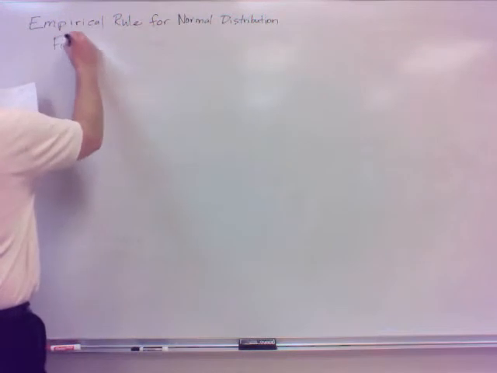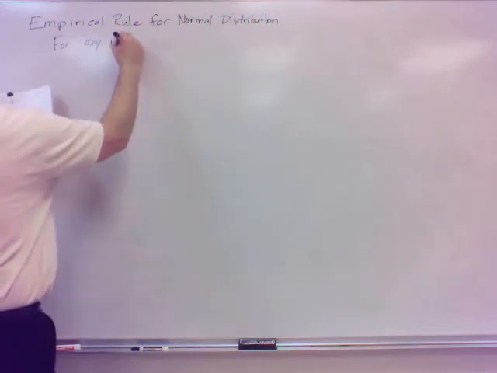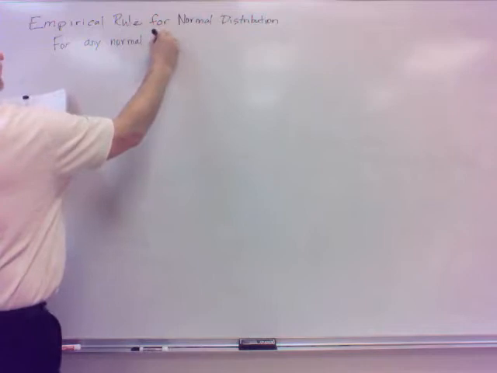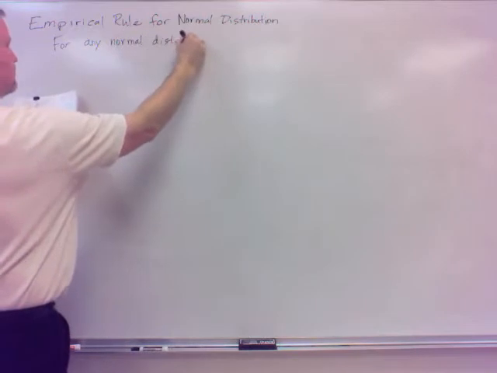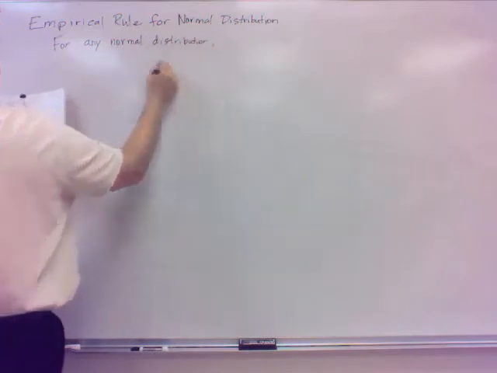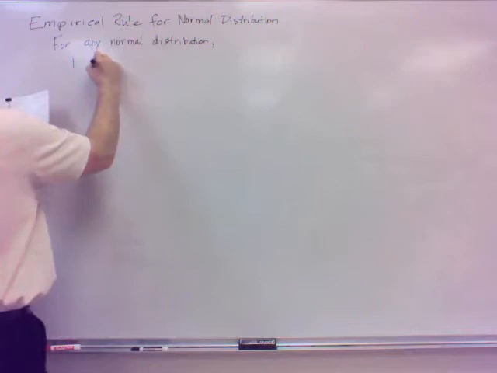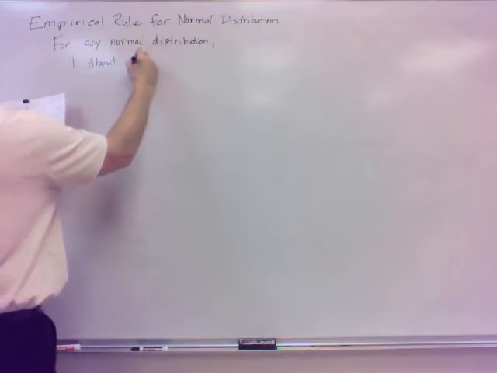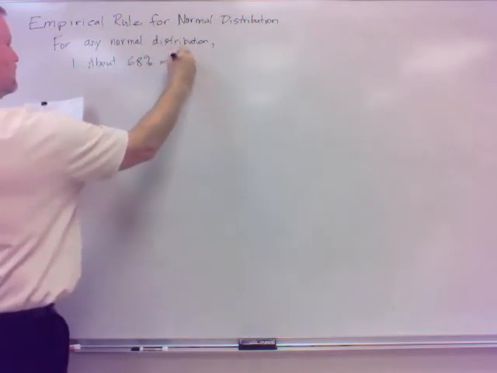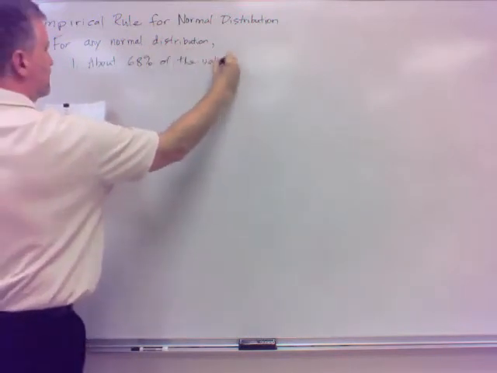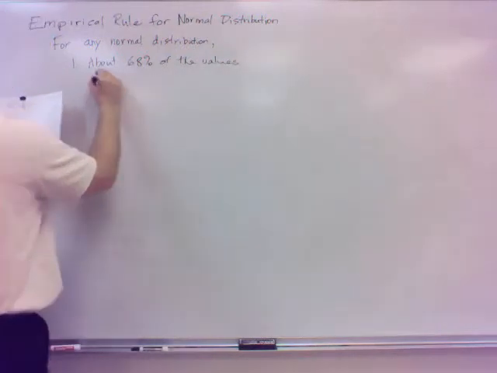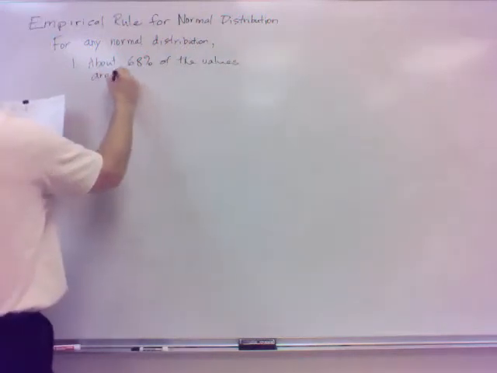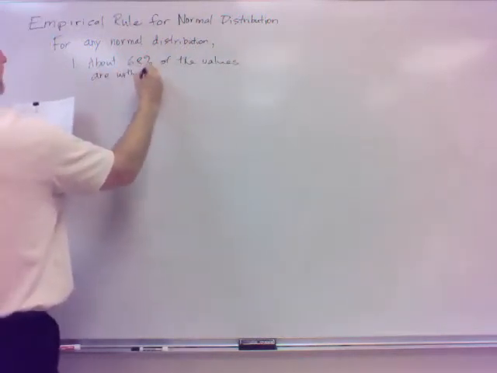For any normal distribution, number one, about 68% of the values are within one standard deviation of the mean.